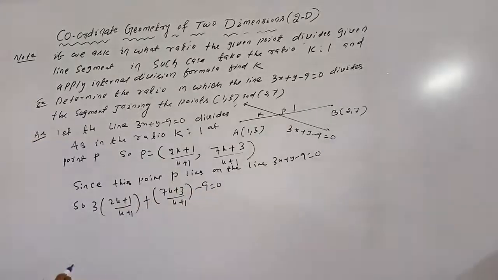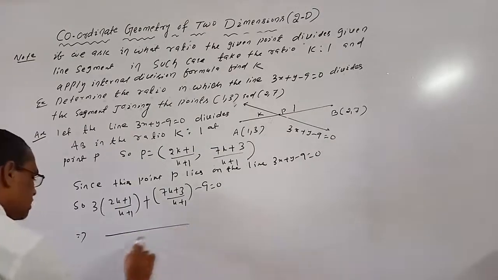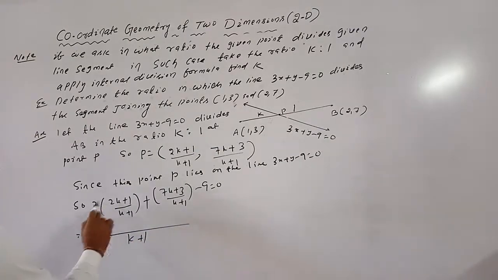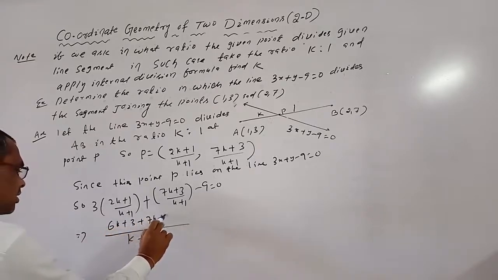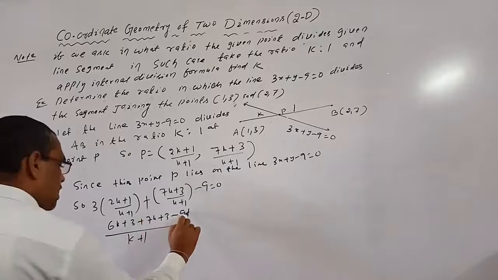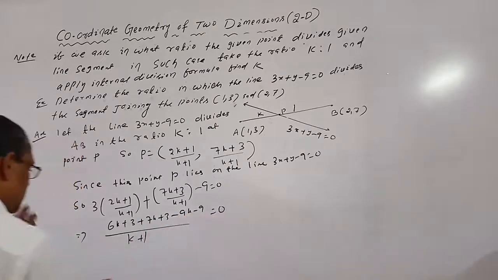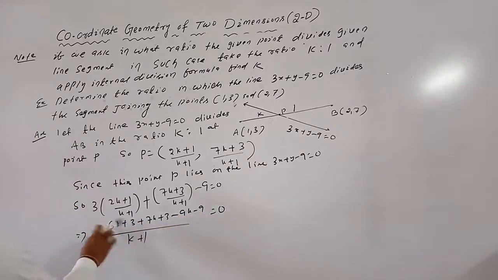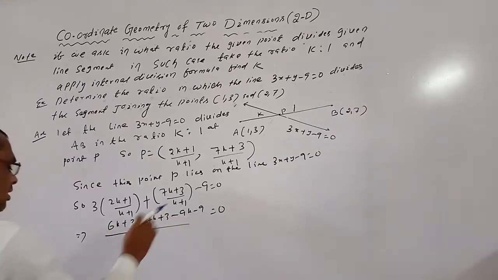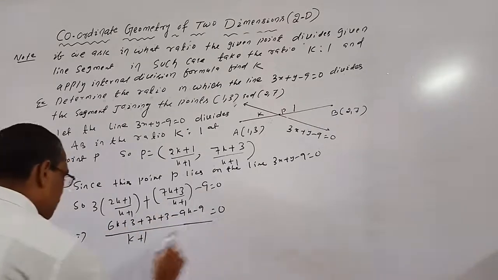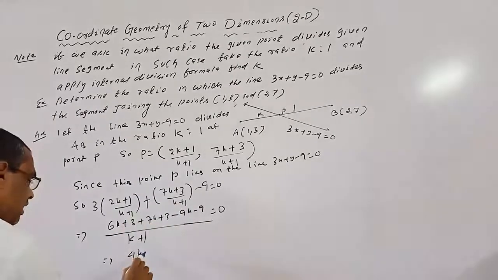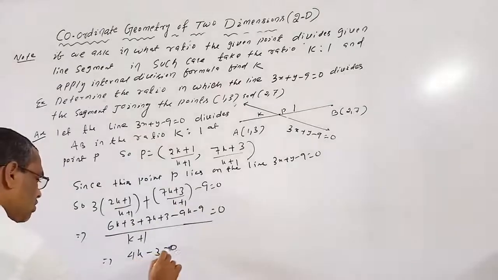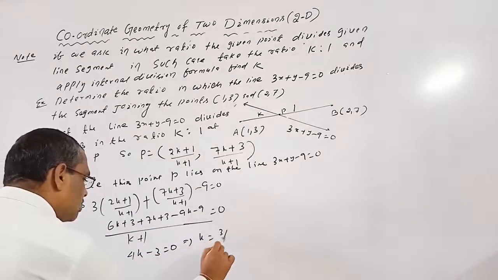Do you understand? That implies take LCM k plus 1. So 3 into (2k plus 1), 6k plus 3, plus 7k plus 3 minus 9k minus 9 equal to 0. That implies 7k plus 6k is 13k, minus 9k is 4k; 3 plus 3 is 6, minus 9 is minus 3, equal to 0. That implies k equal to 3 by 4.